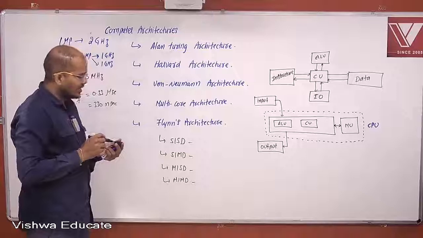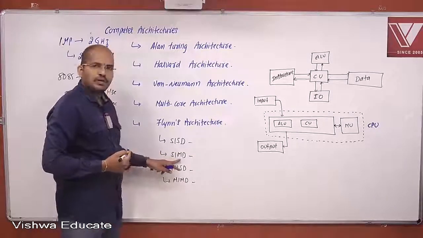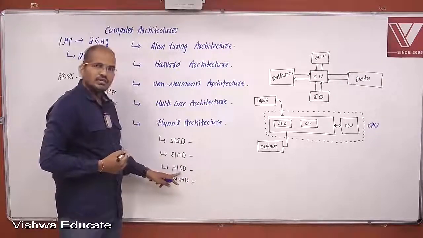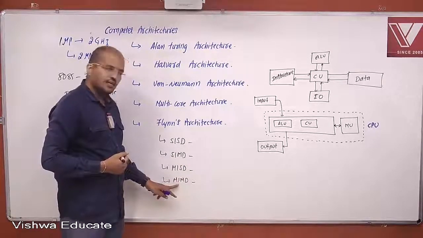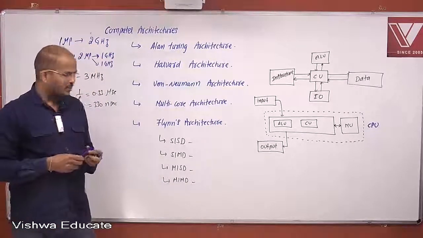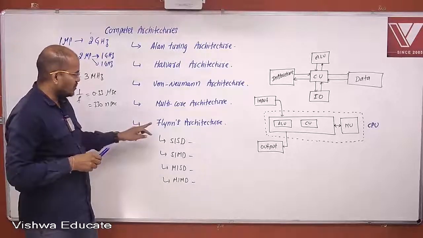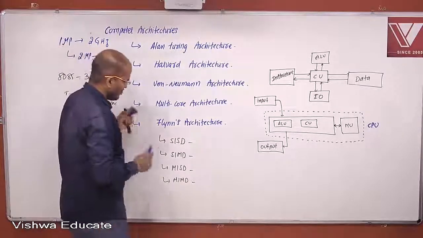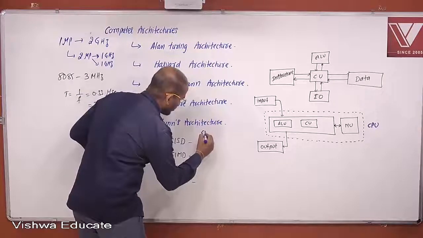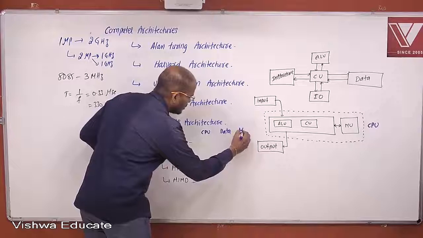SISD stands for single instruction, single data machines; SIMD, single instruction, multiple data machines; MISD, multiple instruction, single data machines; and MIMD, multiple instruction, multiple data machines. The basic components that we speak of in Flynn's classification are the CPU, the data, and the memory.